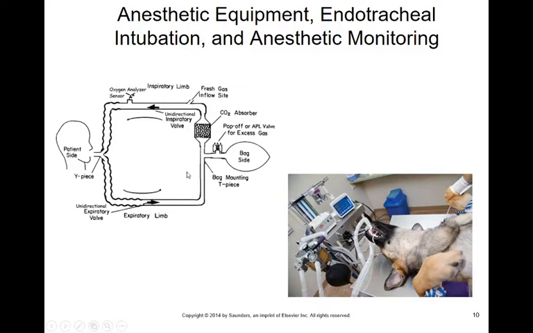This is a rebreathing unit, and what it does is it allows the anesthetic gas to come in to the animal, and then we have the expiratory limb that comes out, and we have a bag that we can use to push air back into the patient, but for the most part it goes out into a scavenging unit that removes carbon dioxide and removes the excess gas and takes it out.